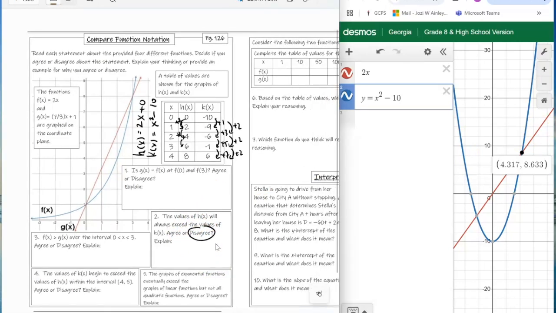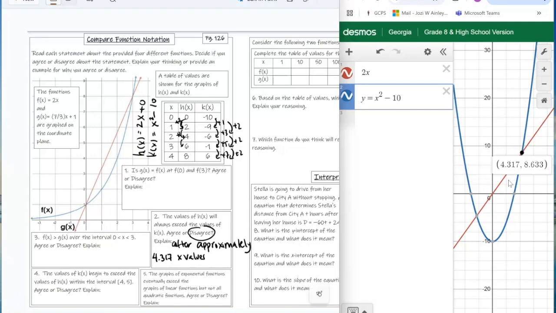And when I explain why, I'm going to say, because after roughly 4.3, is it seconds? It does not say. I'll just say after approximately, I like that word, approximately, 4.317 x values.